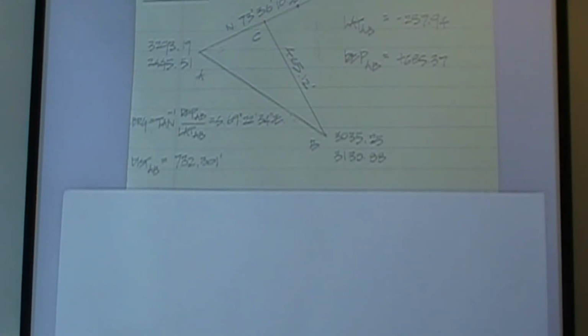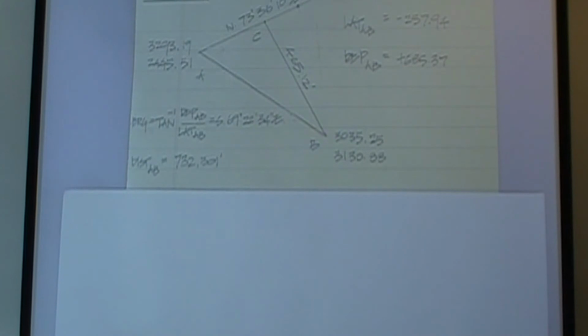So here's the problem drawn out, and from a stepwise process, you've got A and B. The first thing you want to do is get a latitude and departure, A to B or B to A, depending on which direction you're going. I chose to go A to B, so notice my latitude is south, so it's a negative, and my departure is east.